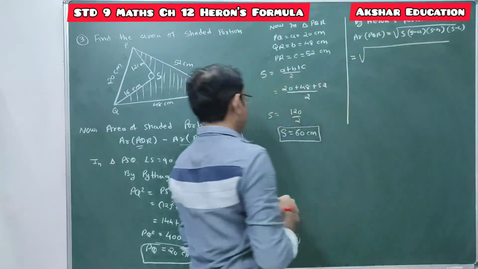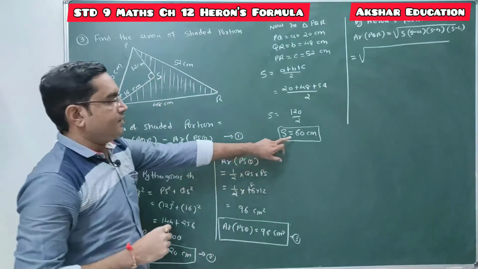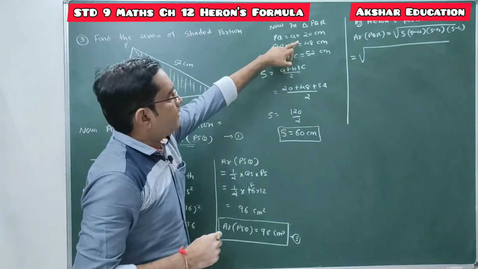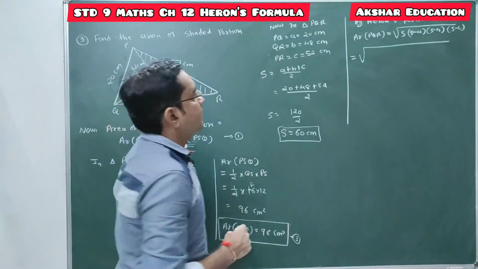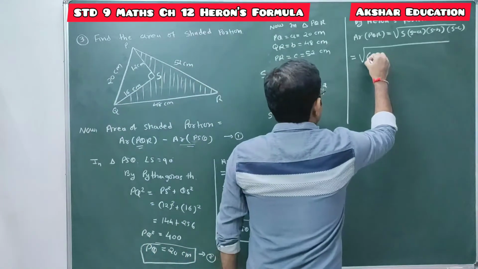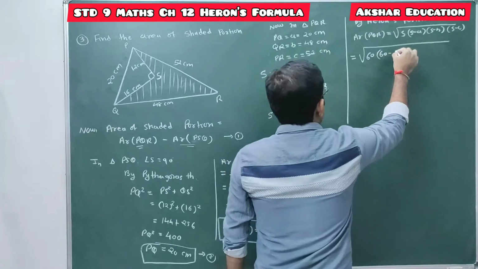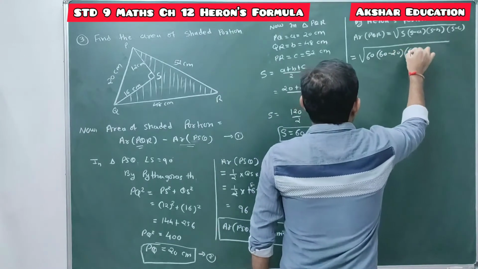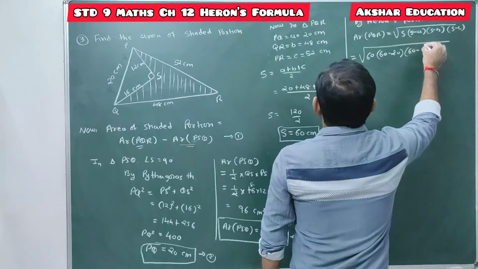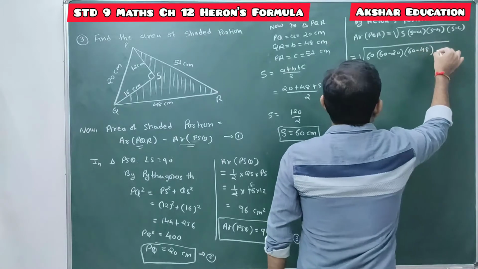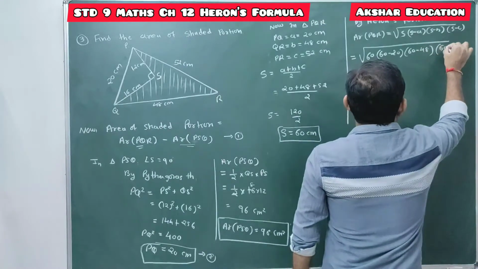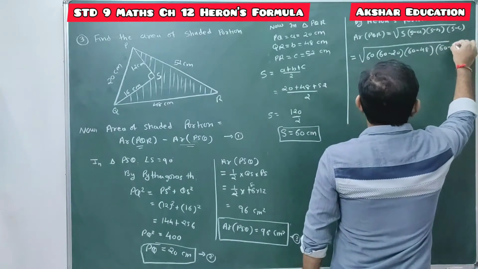S is semi-perimeter, 60. Values of A, B and C are 20, 48 and 52 respectively. So 60 minus A, 20. 60 minus B, B is 48. 60 minus C, our C is 52.